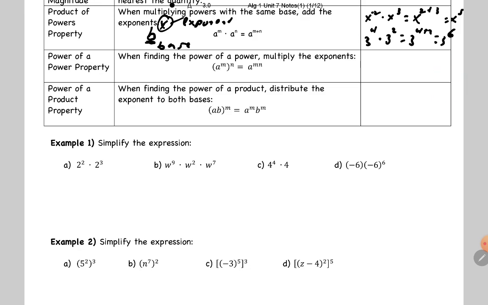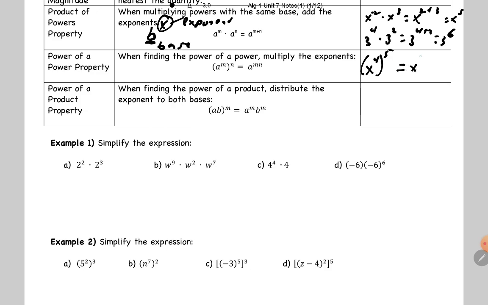Power of a power property. So if we take x to the 4th to the 5th, you're doing the exponent to the exponent, we multiply the exponents together.